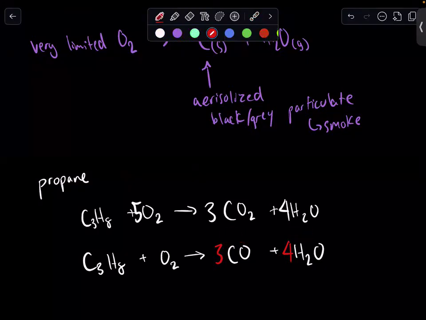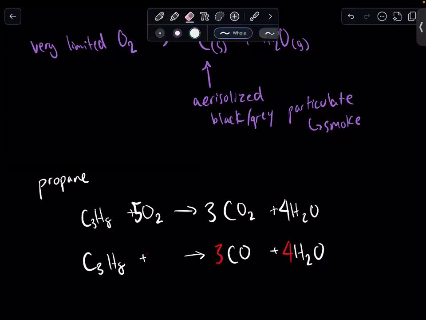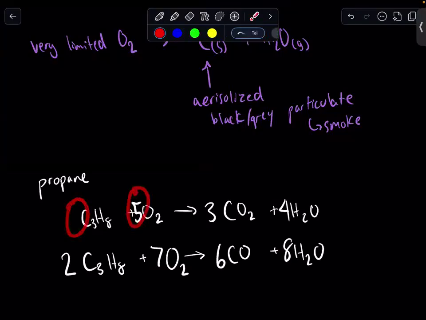So instead of putting 7, I would put about 3.5 here and then double it all, so we're instead going to do 2, 7, 6, and 8. You'll notice the ratio from our carbon to our oxygen is a 1 to 5, or our carbon-containing compound. Well, now it's 2 to 7. So the amount of oxygen has decreased, and we're literally reacting less.